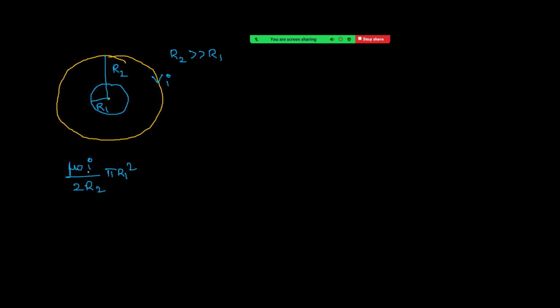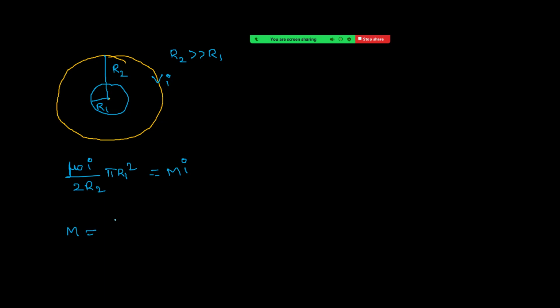Now focus on B into A. This is the flux, which is equal to M into I, because the current is passing in the outer coil, and because of this current, the field is present at the center, and the flux is linked with the inner loop. Now I gets cancelled.